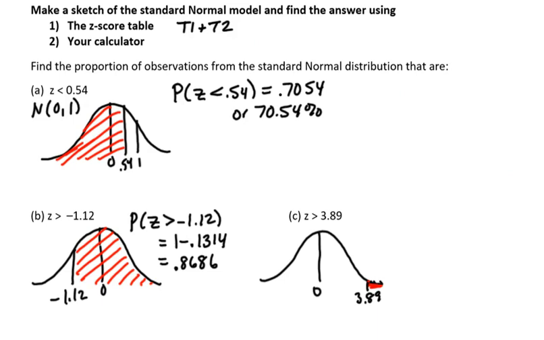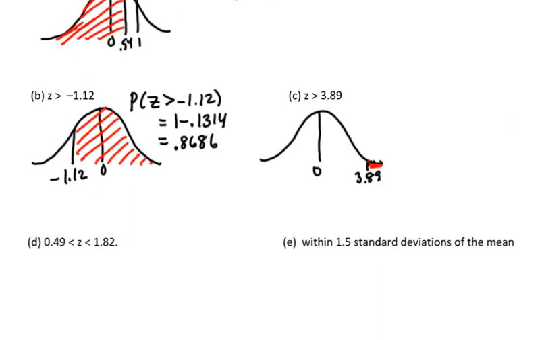Well, if this is 0.9998, this would be 0.0002 on this side, so we know that this has to be less than 0.0002. So we can say that the probability of z being greater than 3.89 is less than 0.0002, because when it was 3.49, it would have been 1 minus 0.9998.